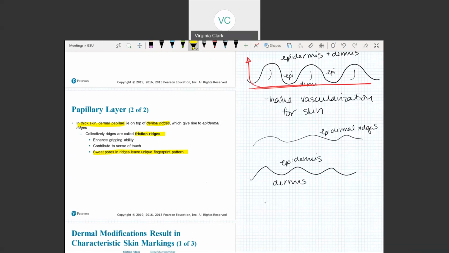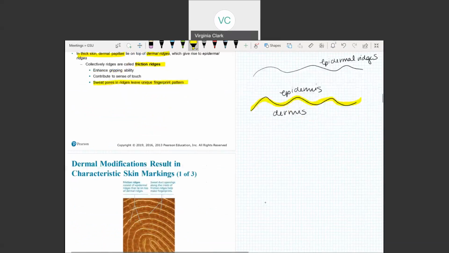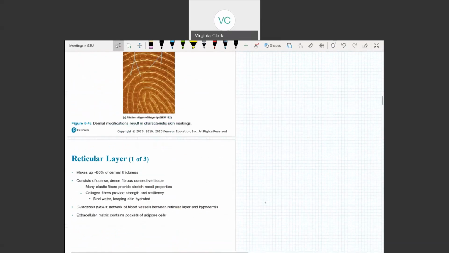So once you have sweat accumulate in these epidermal ridges, you will create your fingerprints, all because you have this dermal papillae deep in your integumentary system. So it's very, very cool. You can kind of see how those work there.